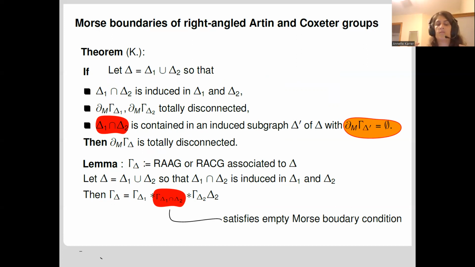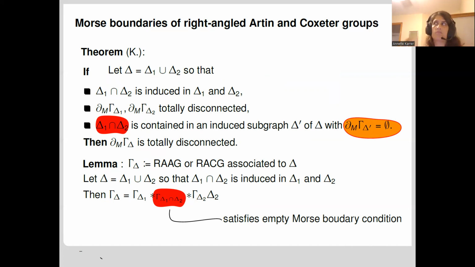And what we see here is that this condition is a condition on our edge group. So the edge group has to satisfy an empty Morse boundary condition.